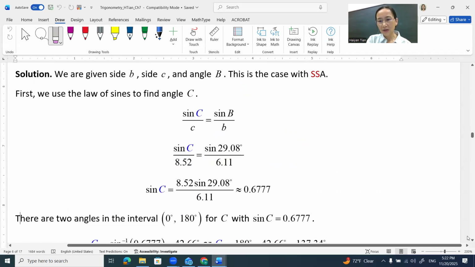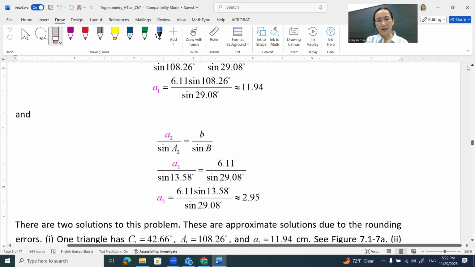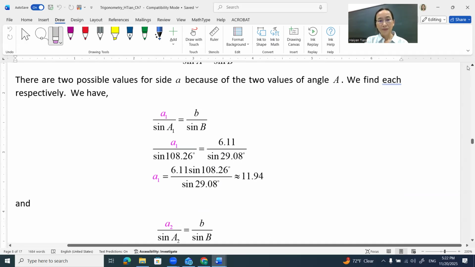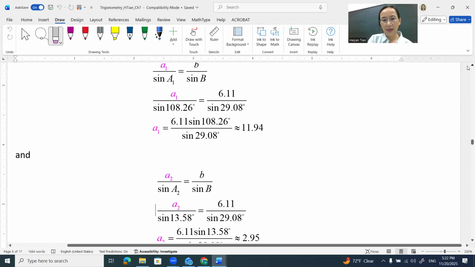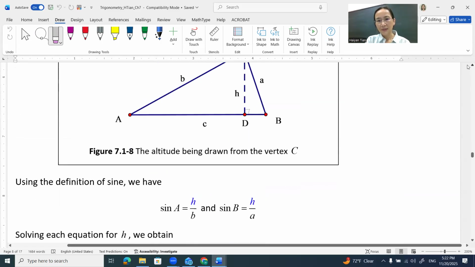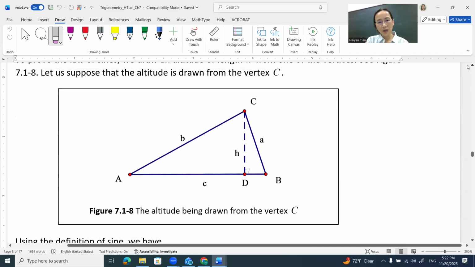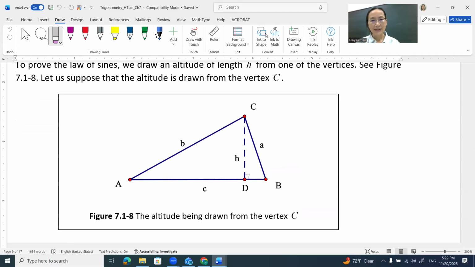We will not solve more triangles, but instead I want to show you a picture, and this image will help you understand why this law of sines holds.